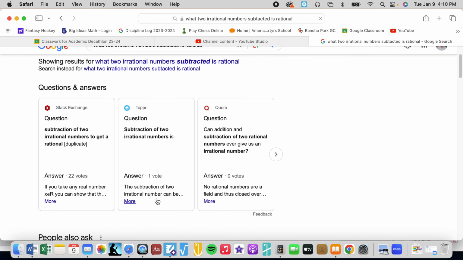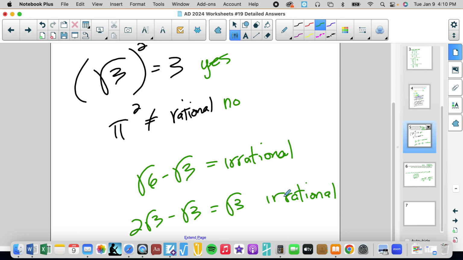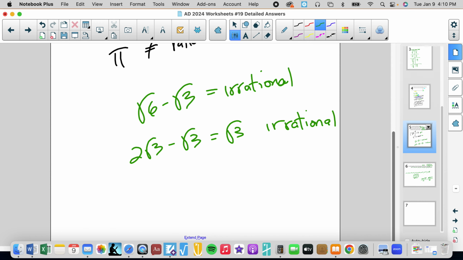It looks like it's going to be the one time when it is. So our example would be rad 2 minus rad 2 equals 0, which is rational. Okay, that's why it's sometimes. That one was tricky, but I knew in my heart of hearts. Good luck with that one.